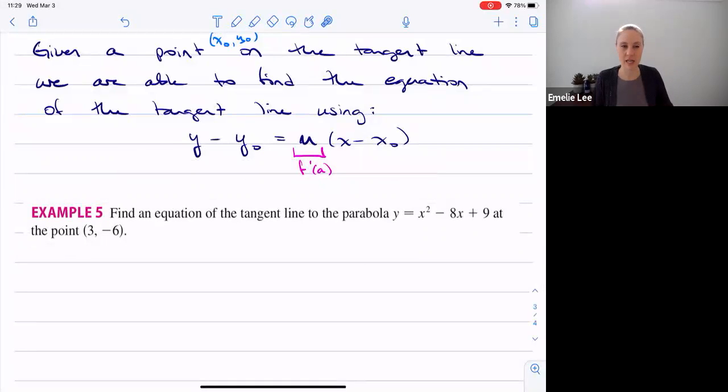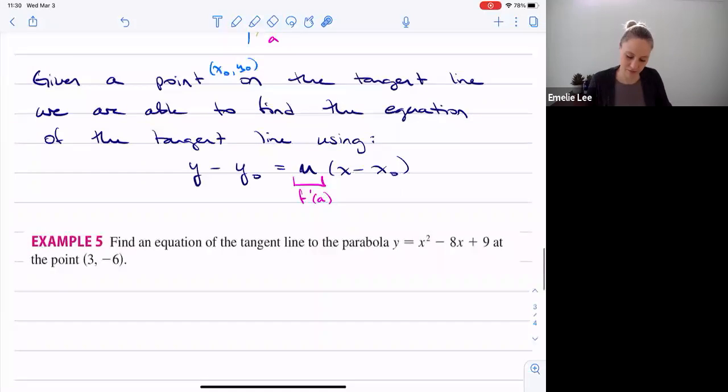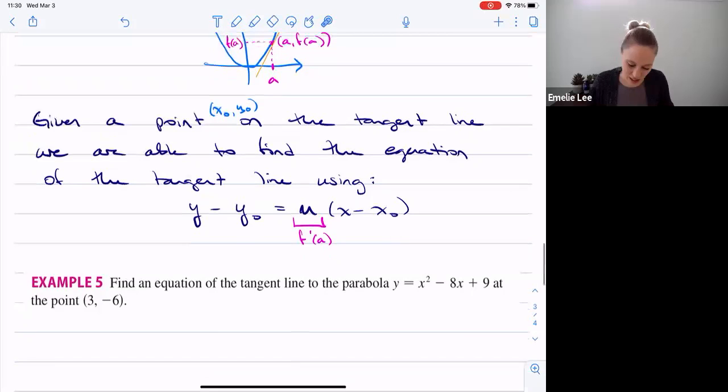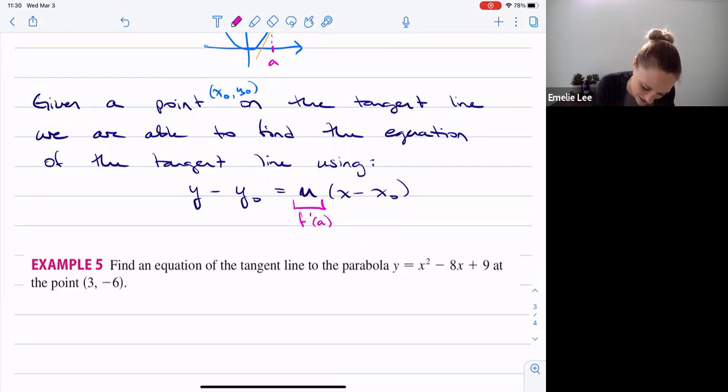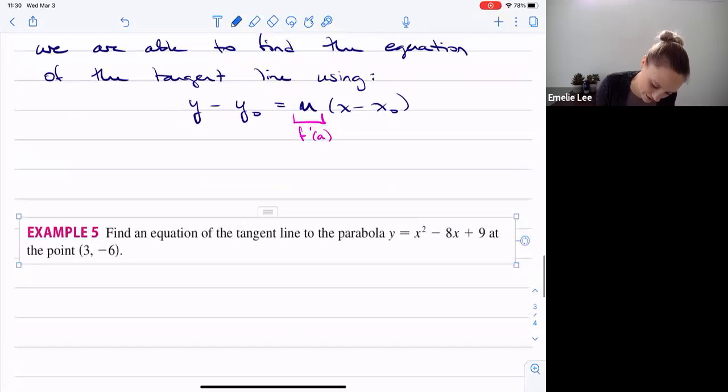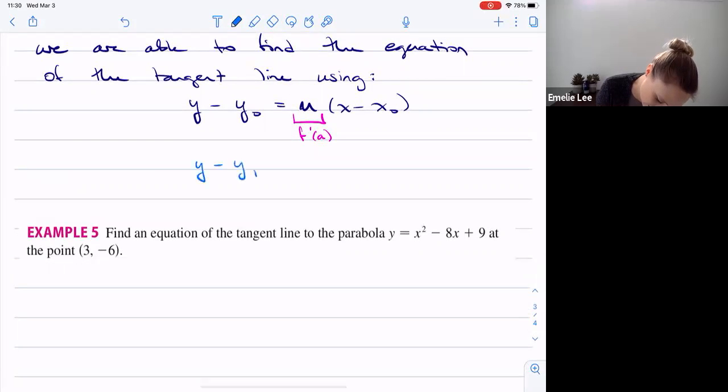Find an equation of the tangent line to this parabola. Notice that this is the same function. Why is it x naught, or did we use x1, y1? I can't remember. I think in pre-calc they use one notation, even though it's the same authors, and then in calculus they switch to another. It doesn't matter which one you use: y minus y1 is m times x minus x1.